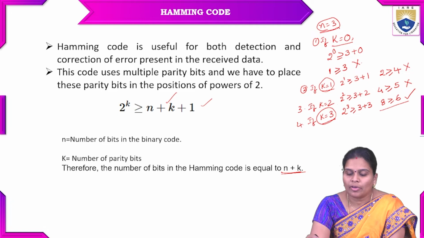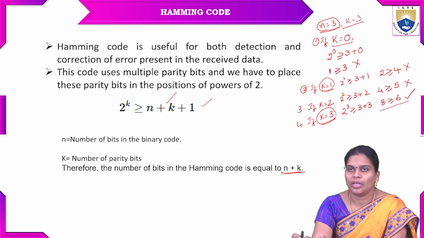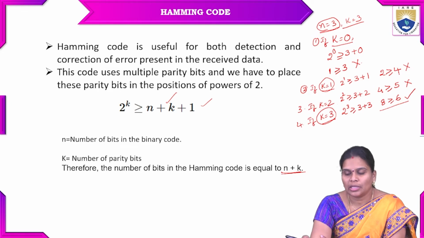So if n equals 3, the number of parity bits is also 3. If it satisfies this condition, then we take that number of parity bits along with the data. So 8 greater than 6 satisfies this condition.